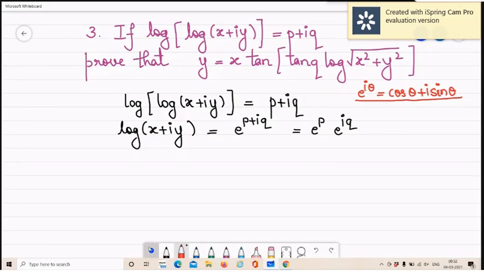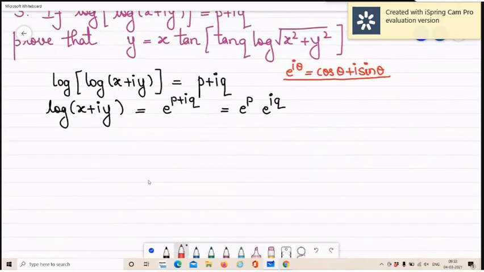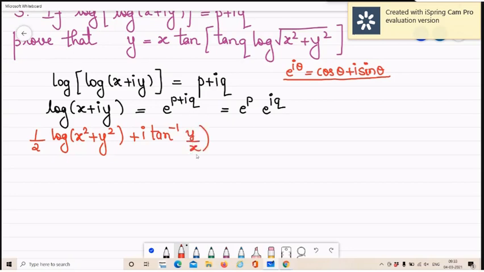Because of this, log of x plus iy, the formula I am writing here, is half log of x square plus y square plus i tan inverse of y by x. That is the left hand side.